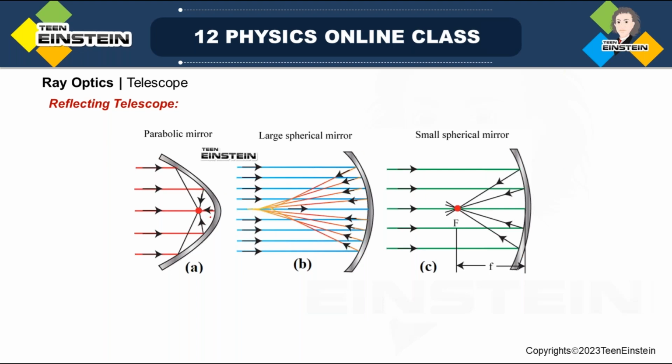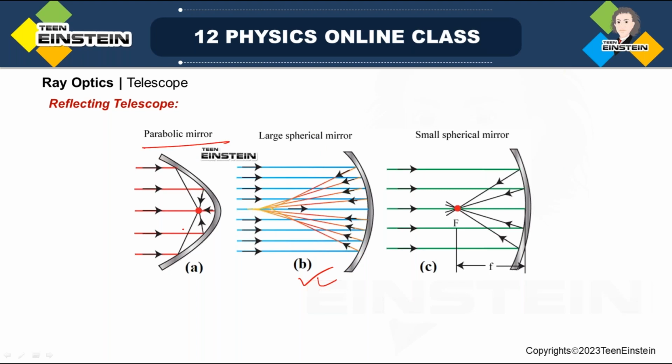When you use a large aperture spherical mirror, look what happens in this case also. The marginal rays will come into the picture, and there will be a spread of this focal length, because some rays are focusing here, some rays are focusing here, some rays are focusing here. In case of a spherical mirror also, if you take a bigger size or larger aperture, there could be spherical aberration. So instead of using even a concave spherical mirror, we have taken a paraboloid mirror.